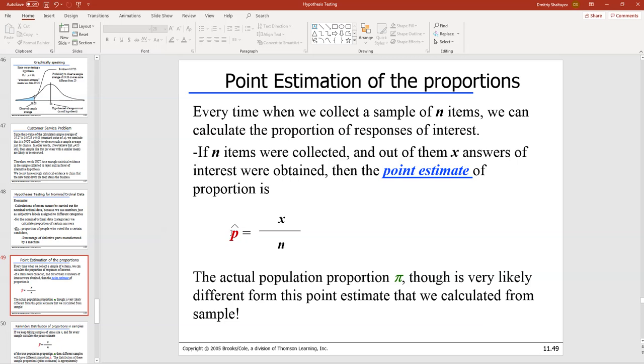Okay, so the sampling distribution does not just apply to numerical data when we're dealing with population mean and sample means. It also applies to categorical data when we're dealing with population proportion and sample proportion. Actually, we discussed that exactly in the lecture, I believe two lectures ago, when we talked about estimating the confidence interval for the population proportion.